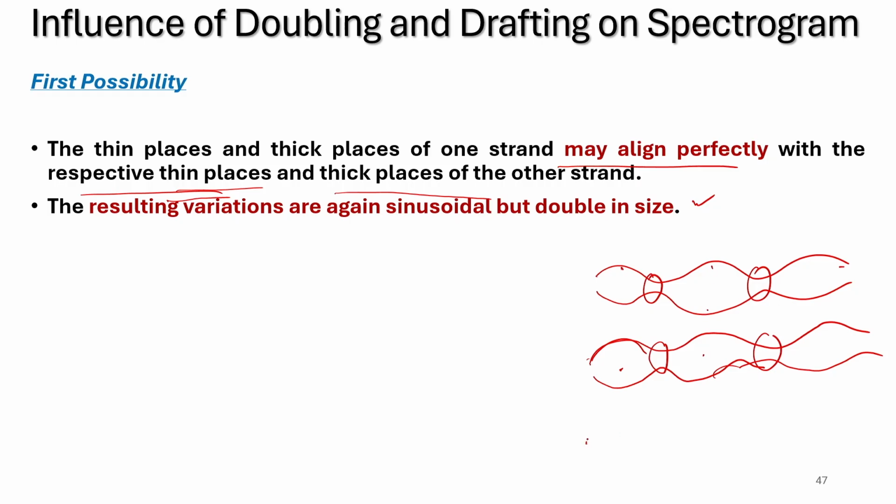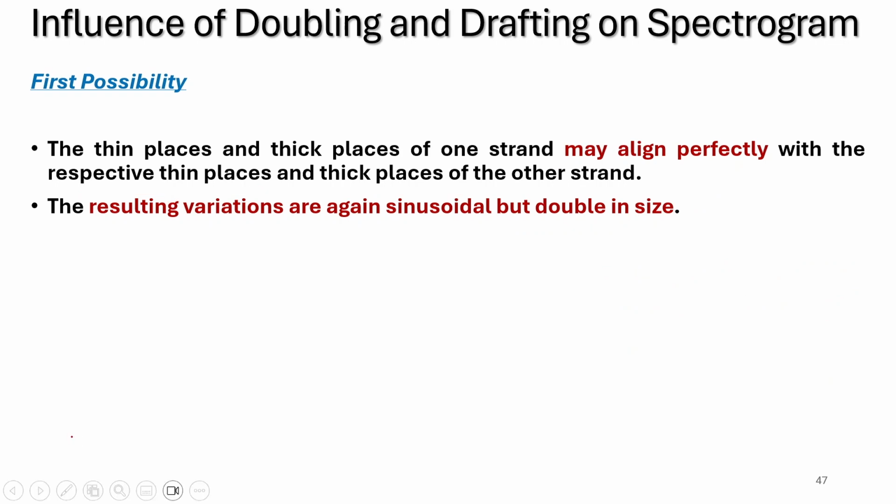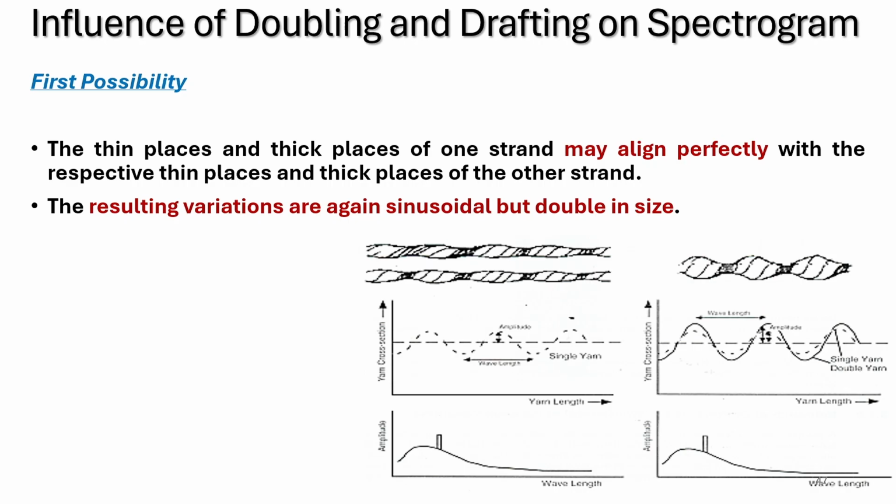So, ultimately what will happen? It will be magnified, double the size. Now, you can see this picture here. These are the thick and thin places, and when we mix these two we get this type of product.